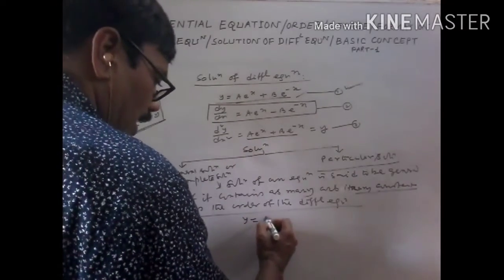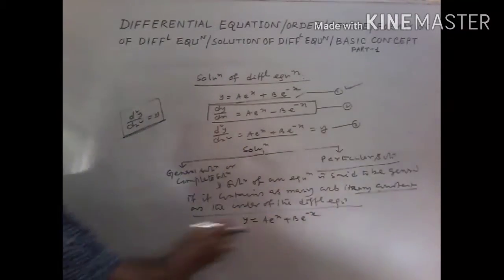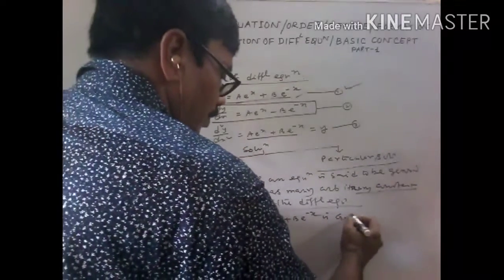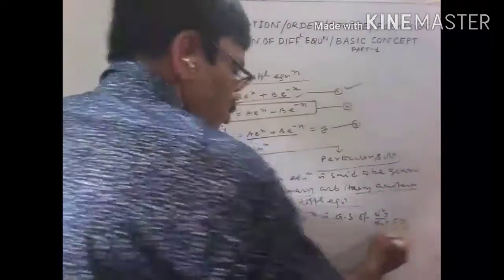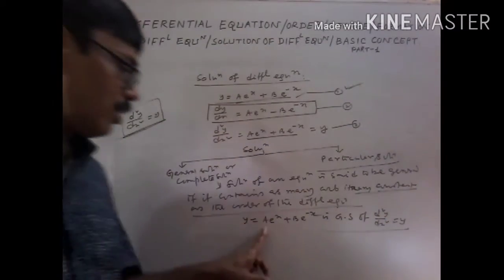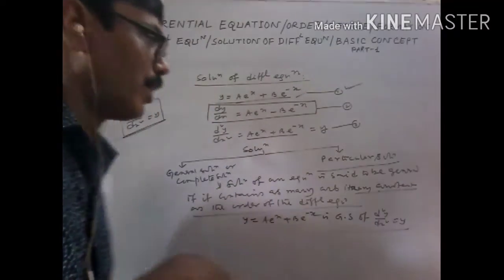So for example, y equals a e to the power x plus b e to the power minus x is the general solution of d2y/dx2 equals y. So how many constants? 2. The order is 2. So this is the general solution.